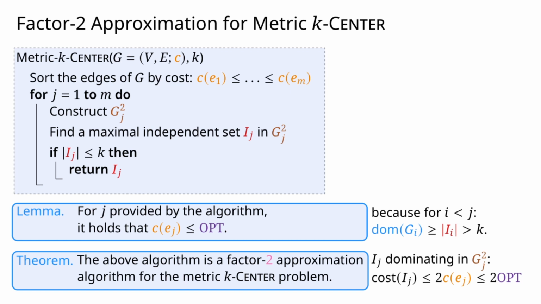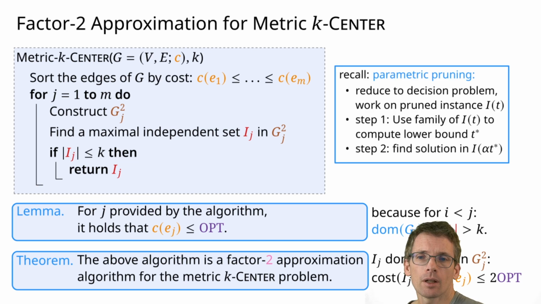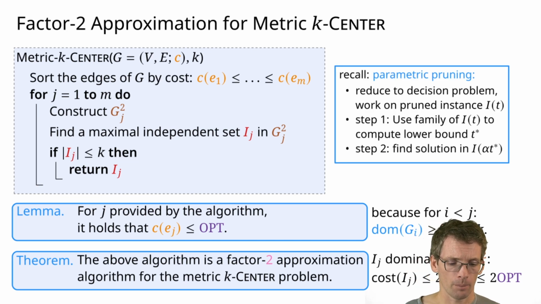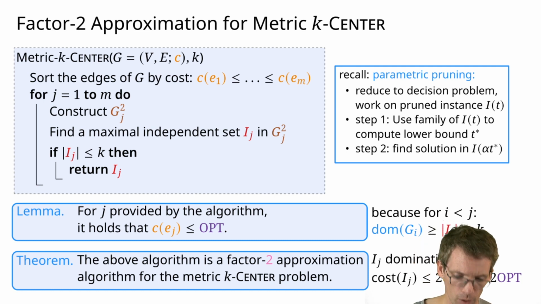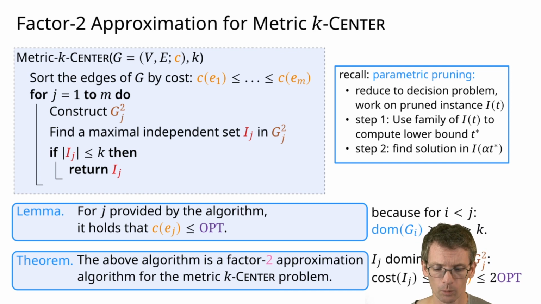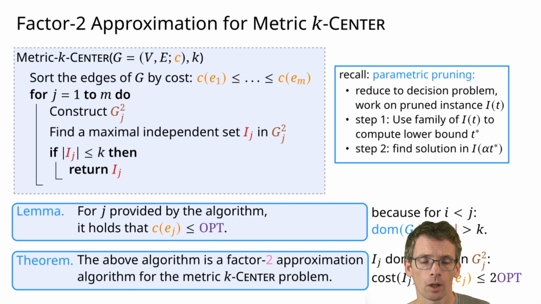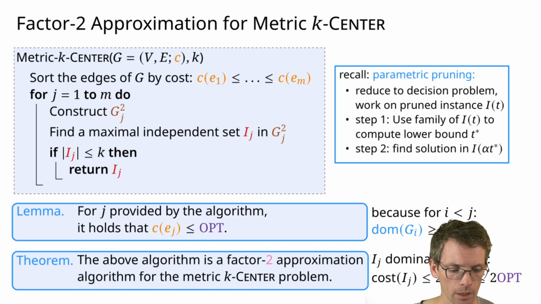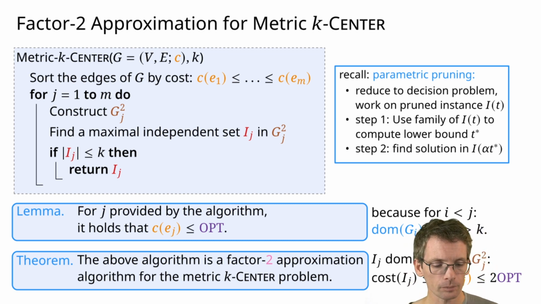So let's also use this algorithm to recap the technique that we were using: parametric pruning. What does parametric pruning do? We reduce the optimization problem to a decision problem. Here the decision problem asks whether there is a solution with cost smaller or equal to cej. And then we work on the pruned instance.